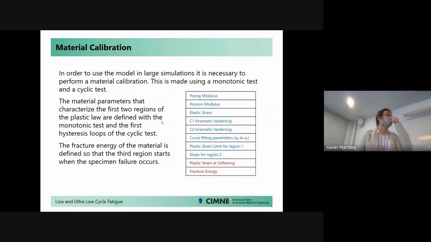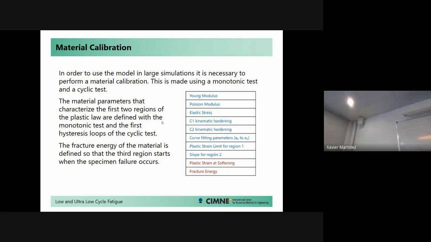Then let's see if it works or not. The model needs all these parameters. I've defined the blue parameters, those are the ones that can be calibrated just with a monotonic analysis of your material or with a couple of hysteresis loops. For example, C1 and C2 correspond to the kinematic hardening and unit hysteresis loop.